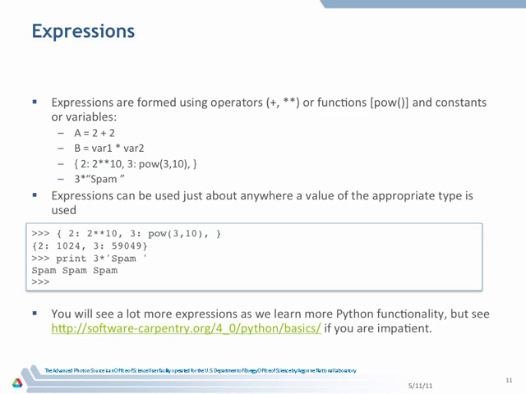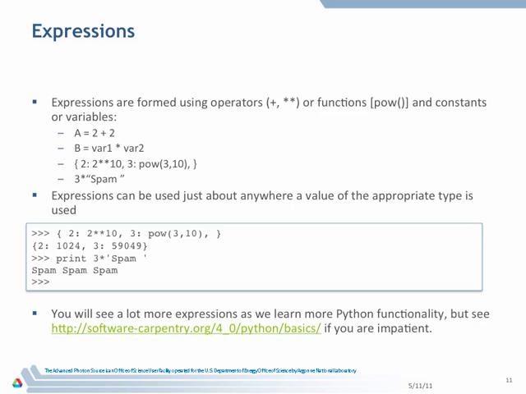All right, so expressions. Expressions happen when we use operators. Here's a very simple expression. I've taken the integer object 2 and I've added another integer object 2 and I've put it into B, or I've created a pointer to that new object, which is A. I can do the same thing with variables.